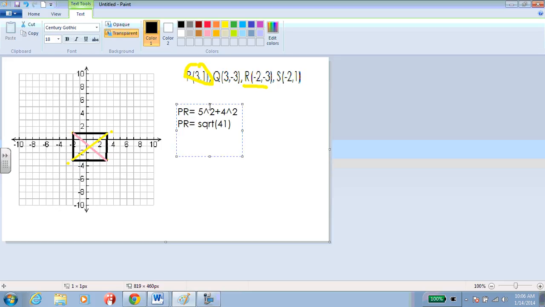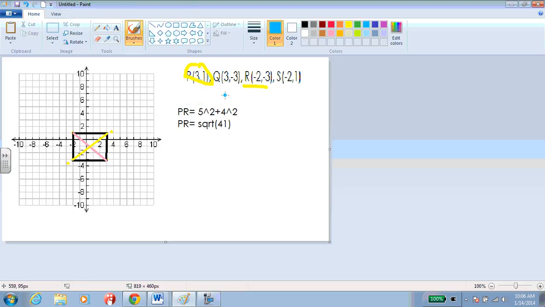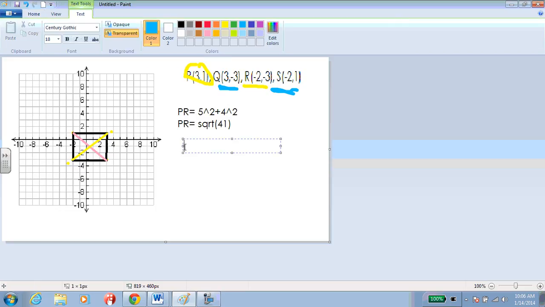Now, if in fact this is a rectangle, then the other diagonal made up from Q and S should also measure the square root of 41. So let's see. The distance between 3 and -2 for my x values is 5.